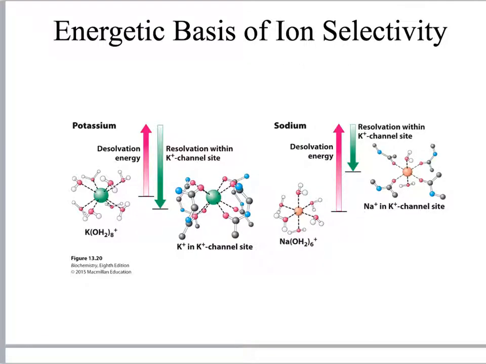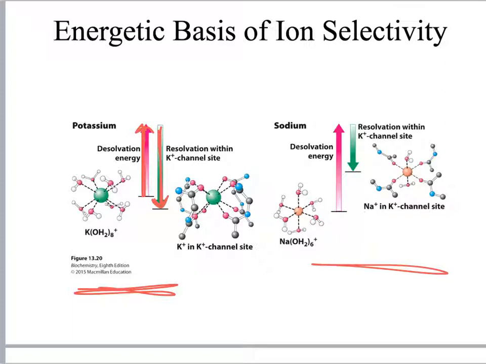Again, looking at this compensation, if we're looking at potassium versus sodium in the same channel. If this is a potassium channel, here we've got to lose that hydration sphere. And this downward arrow shows that when the ion interacts with the channel, we're compensating for what we've lost when the hydration sphere comes off.